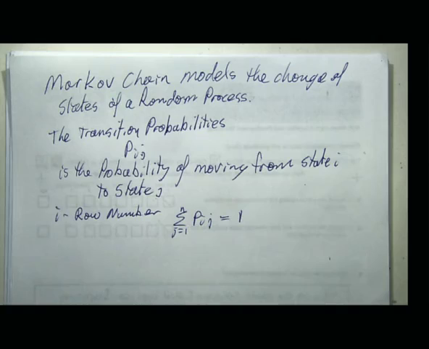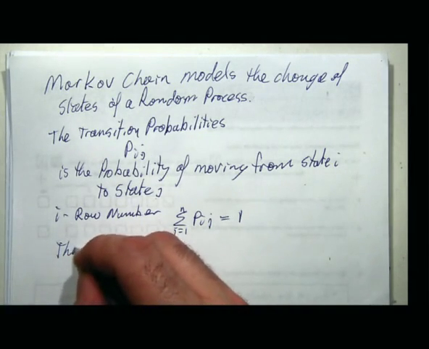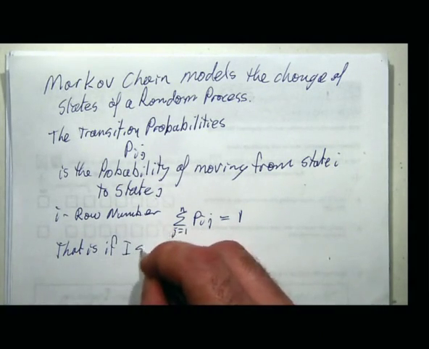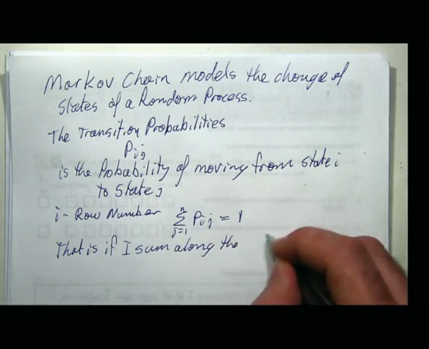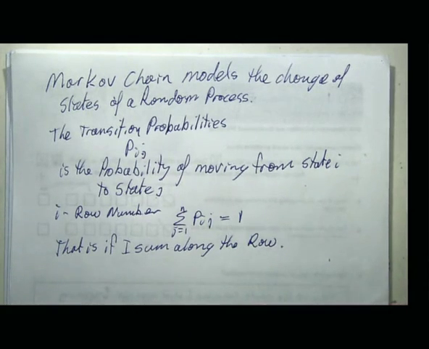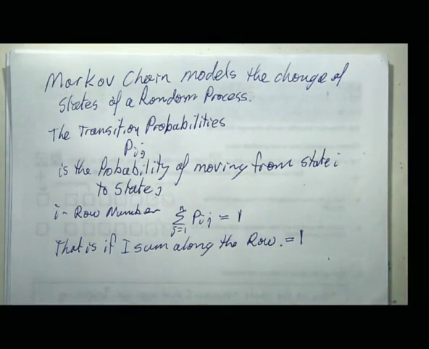So if I sum along the row, it will be equal to 1.